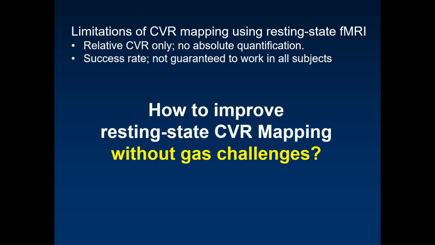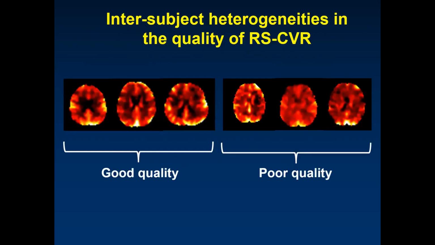So how can we improve resting state CVR mapping without gas challenges? We looked at the intersubject variation in the quality of resting state CVR maps, and shown here are examples of good quality maps and subjects with poor resting state CVR maps.